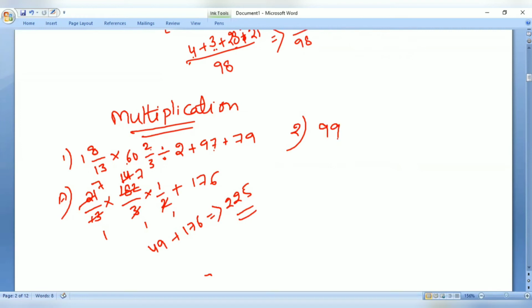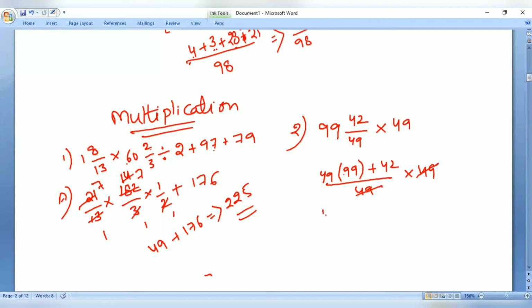Okay. Now there is a second kind of problem where generally you will be tested. Say 99 42/99 into 49. The moment we see this, what we generally do is convert 49 into 99 plus 42 divided by 49 into 49. Anyway, 49 cancels.